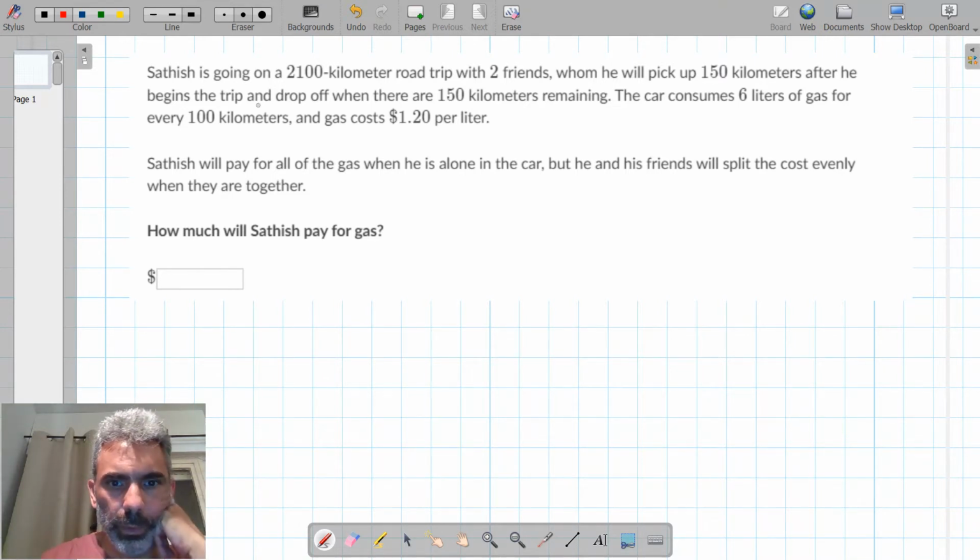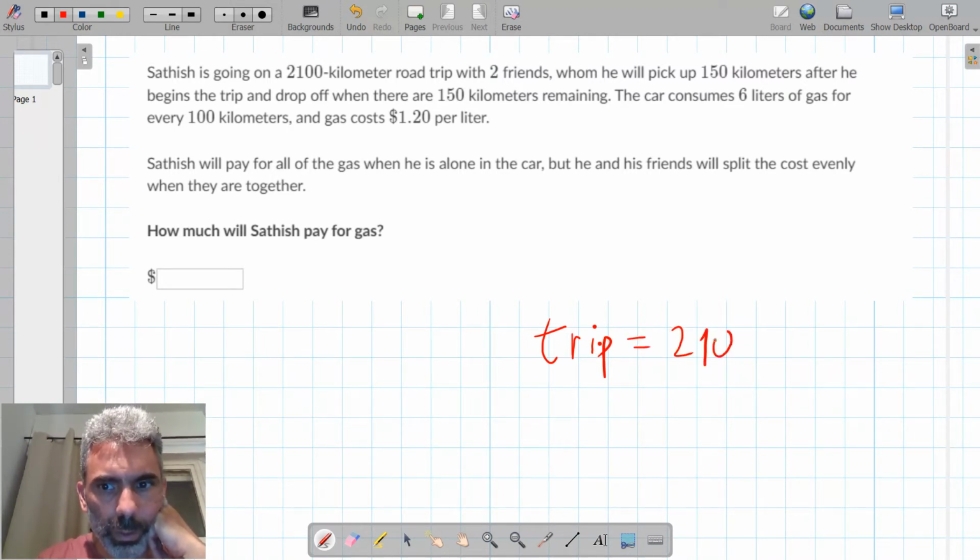Okay, so the entire trip is 2100 kilometers. He will pick them up 150 kilometers after he begins the trip and drop off when there are 150 kilometers remaining.